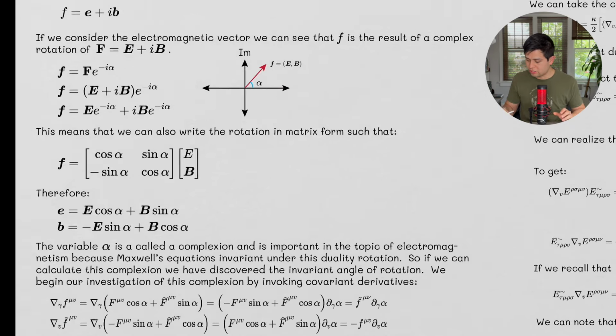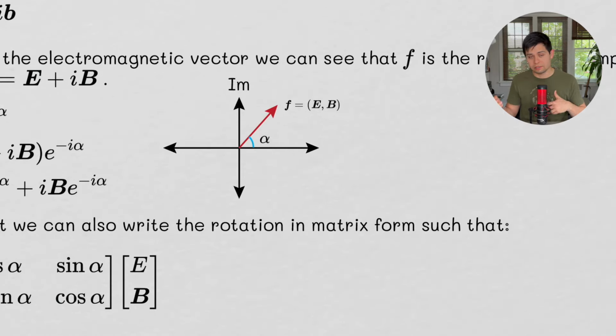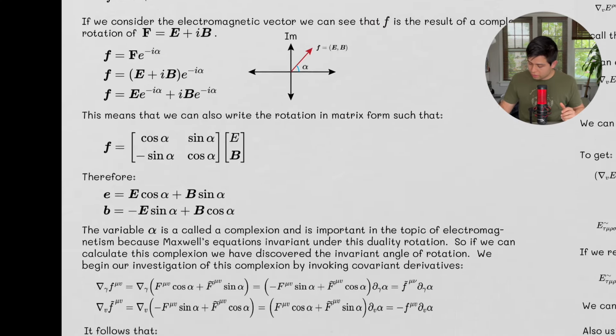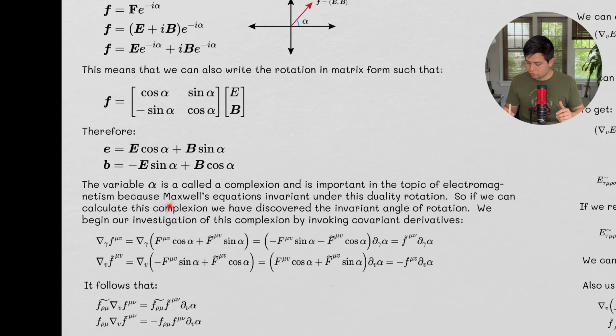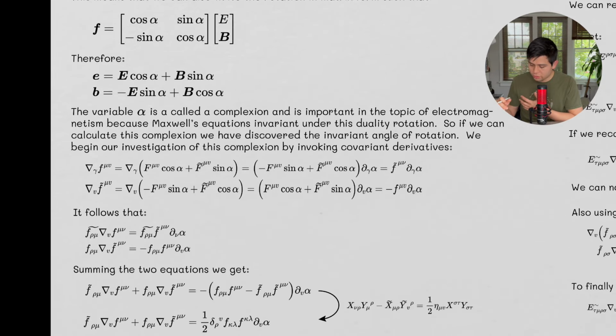So under a rotation in which this complexion is involved, we can understand Maxwell's equations as being invariant under this rotation. In other words, the electromagnetic field does not change under this type of rotation by some angle alpha.